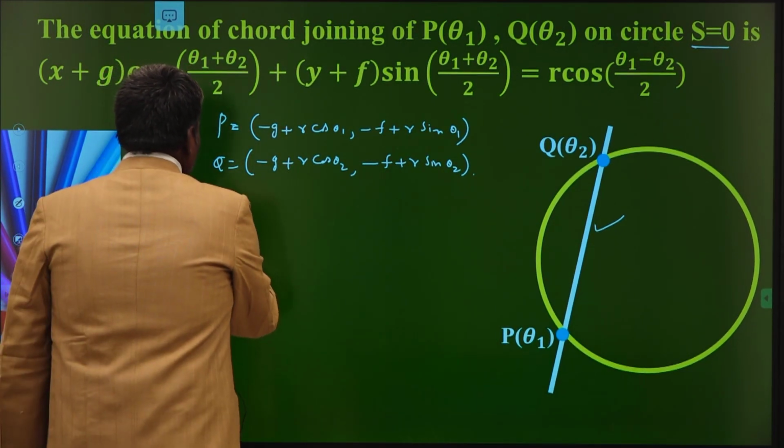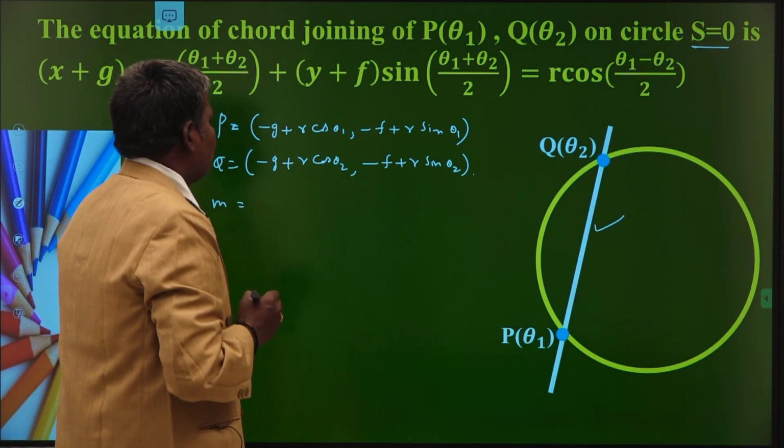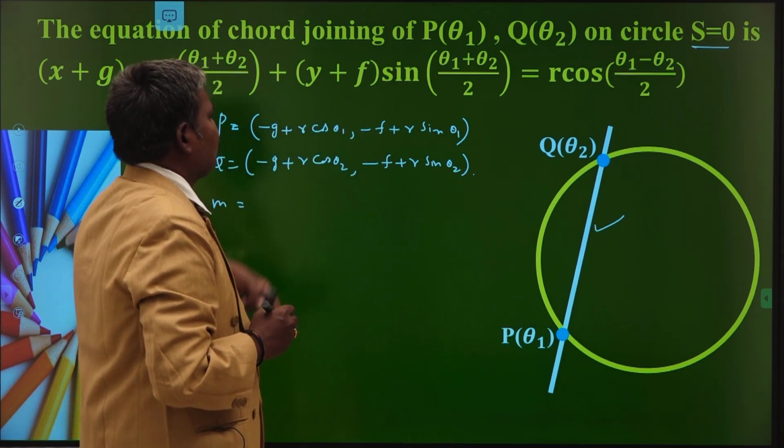What is the slope of the line joining PQ? m is equal to (y2 minus y1) by (x2 minus x1).